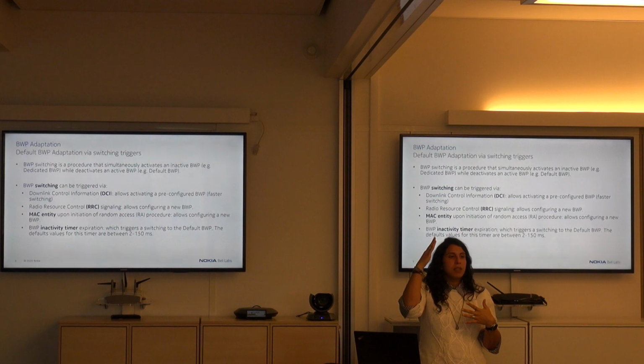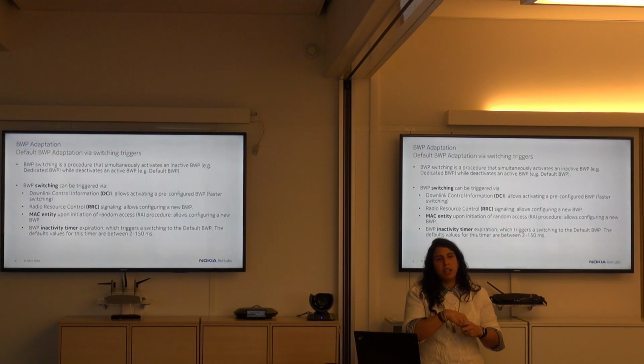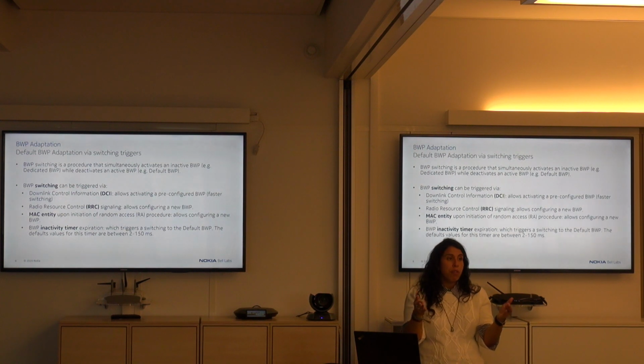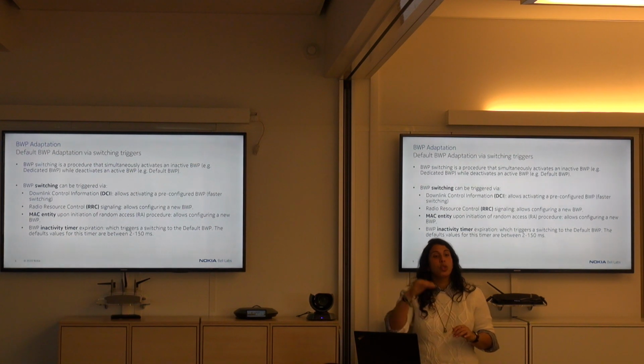But then what happens if suddenly there's data inactivity? The network says, okay, there's no need for you to stay there monitoring nothing but consuming a lot of power. So we have this bandwidth bar inactivity timer. If that timer expires, then by default the user will automatically switch to the default bandwidth bar.